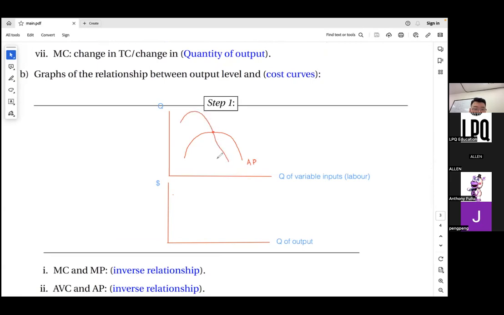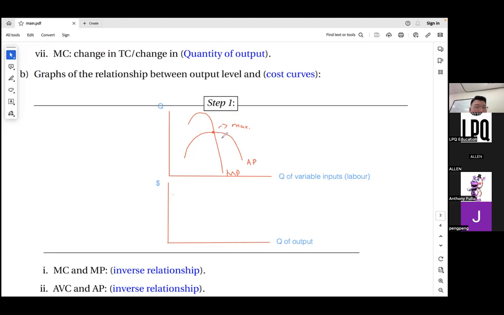But you need to make sure the intersection of AP and MP should be the maximum point of your AP. We don't need to prove that or explain why, because this is simply a mathematical question.